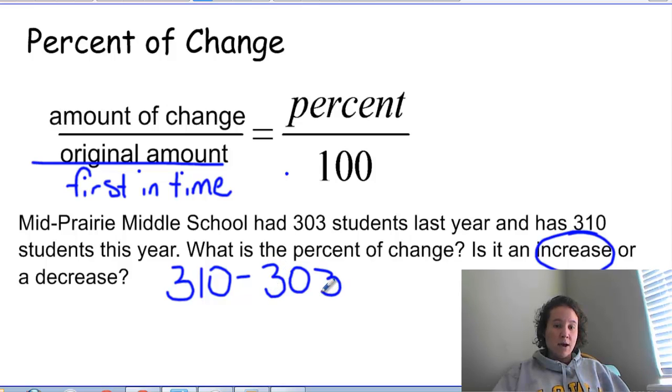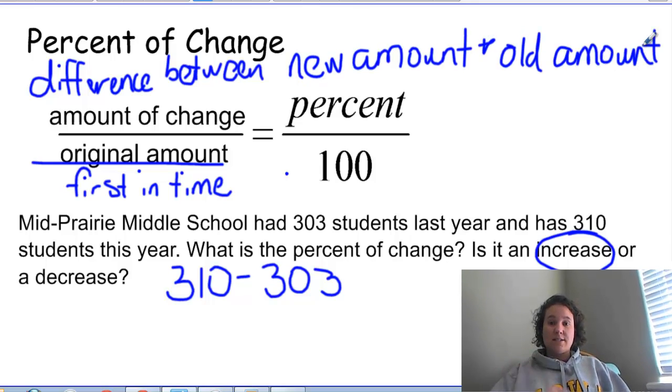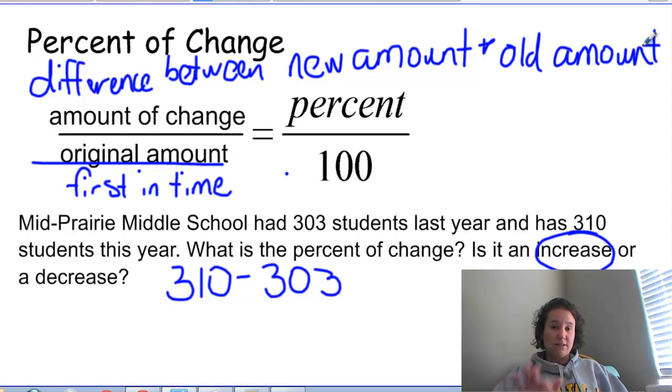If you want to find the amount of the change, that is going to be the difference, meaning subtract, between the new amount and the old amount. And you're always going to do biggest minus smallest. So you might want to write that in your notes, biggest minus smallest, no matter which one came first. So here, my difference is 7.